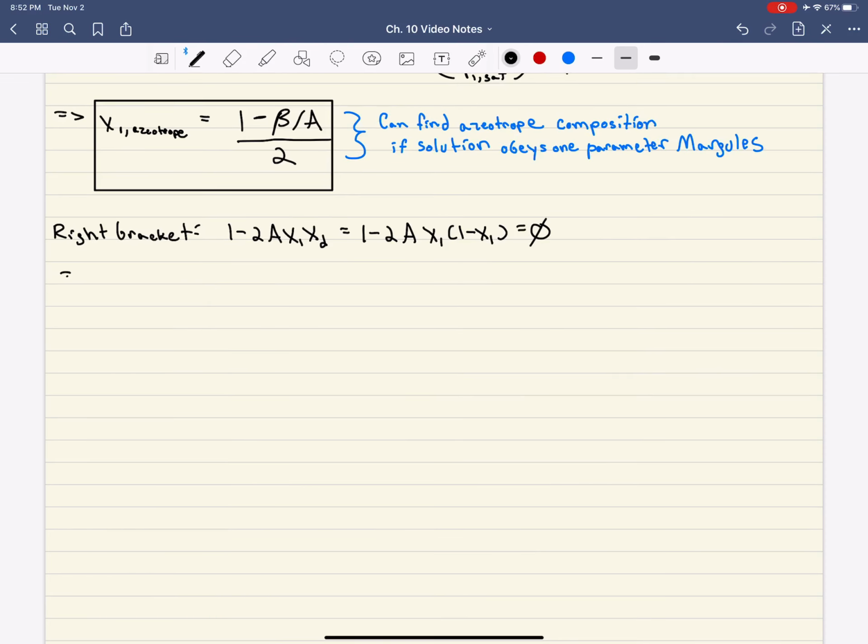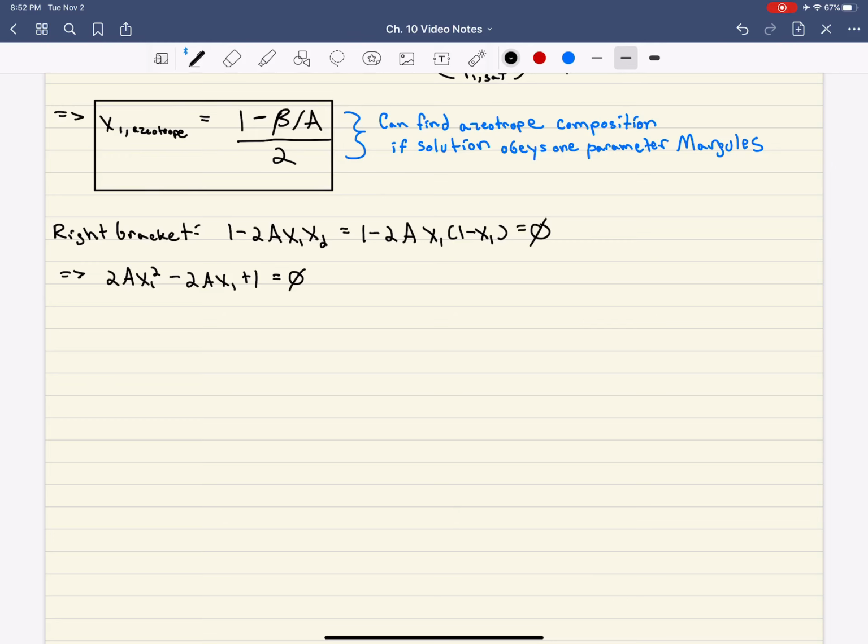We could rearrange this equation so we have it in this form: 2a x1 squared minus 2a x1 plus 1 is equal to 0. Okay.